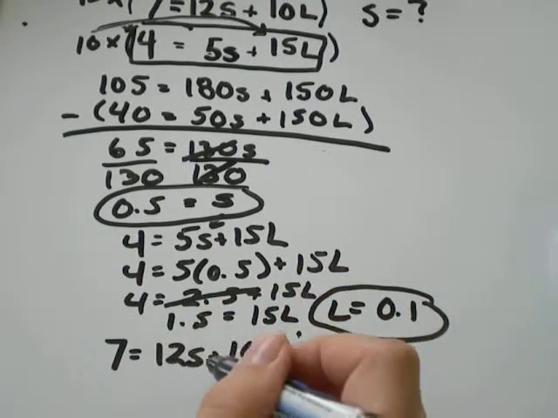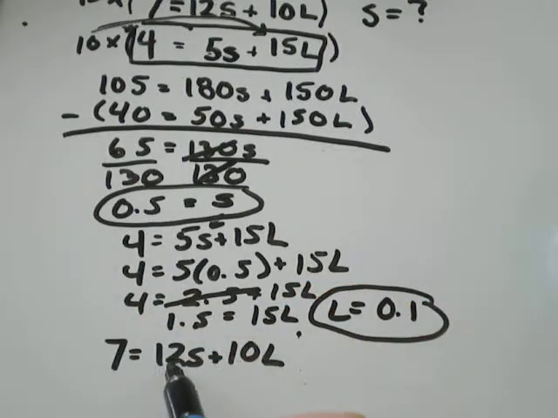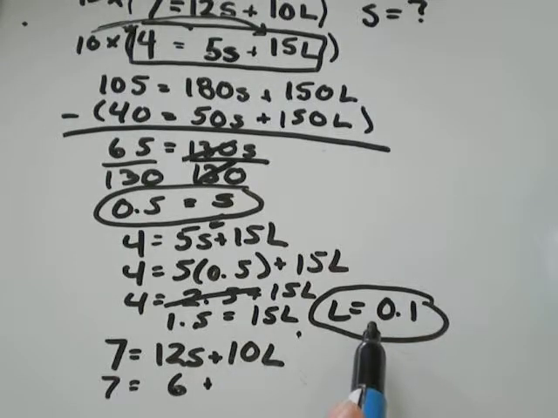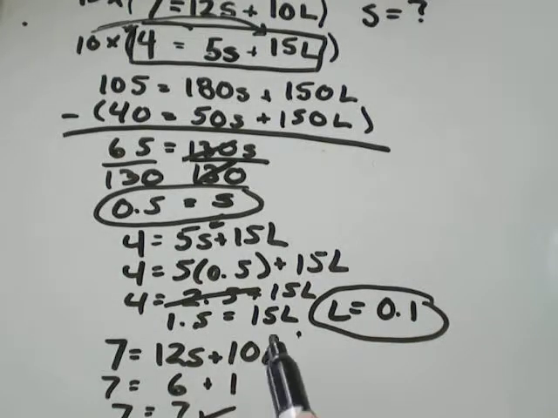I know S is 0.5, that's what I found. 12 times 0.5 will be 6. 10 times 0.1 is equal to 1. Does 6 plus 1 equal 7? Yeah, 7 equals 7, which is true, so I know that all of the answers I found are right because they work when I plug them in to the equations that I was given.